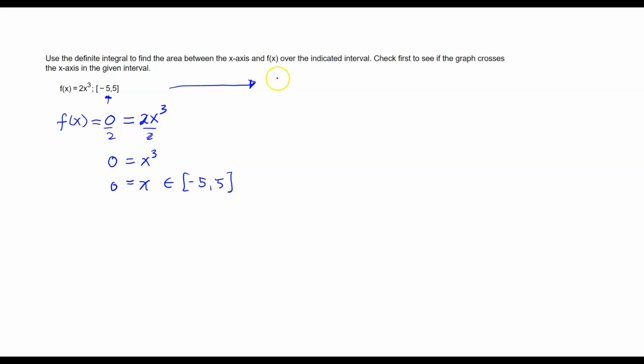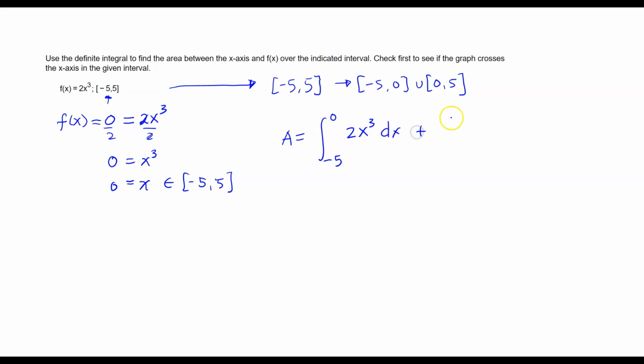So you're going to split negative 5 to 5 into negative 5 to 0, and then 0 to 5. When you set up the integral for the area, you will do from negative 5 to 0, 2x cubed dx, plus from 0 to 5, 2x cubed dx.